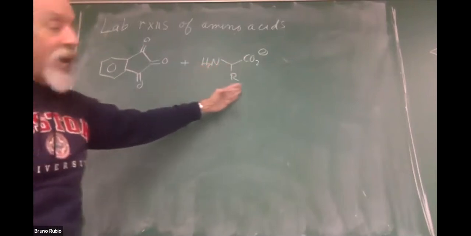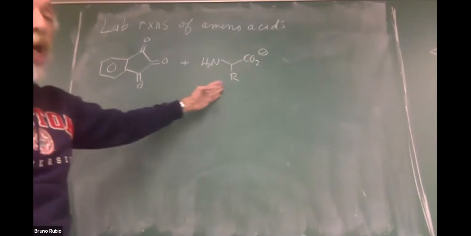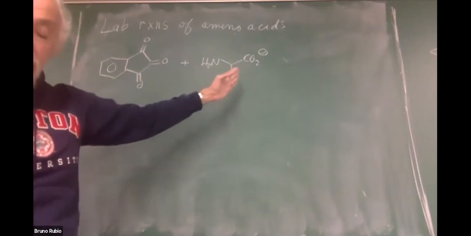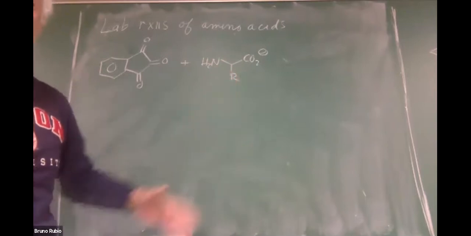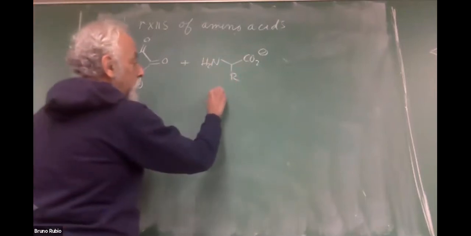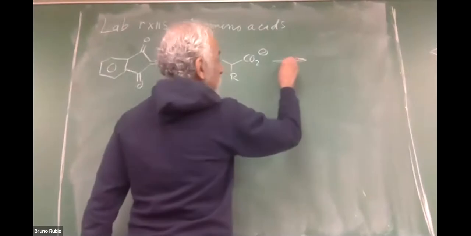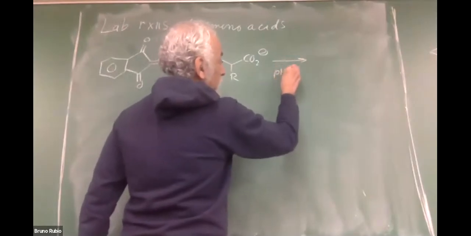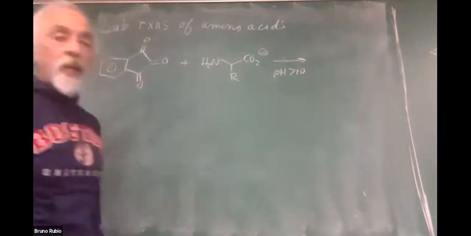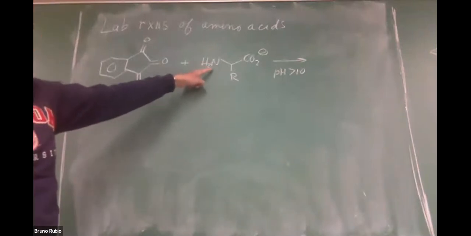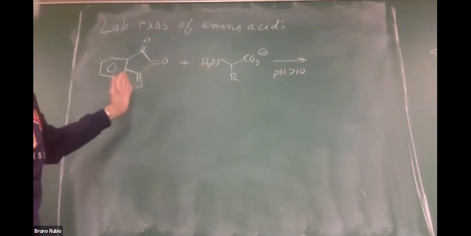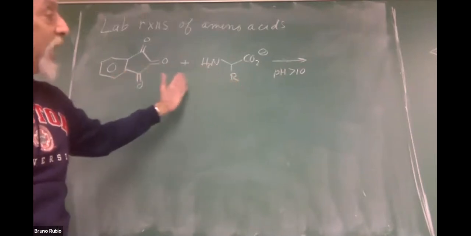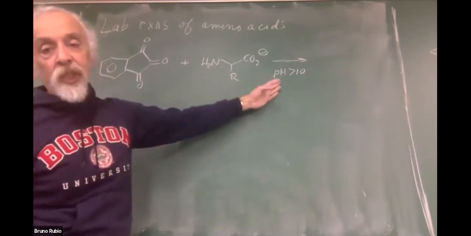So the amino acid doesn't look like this all the time. It only is going to look like this above pH 10, because the ammonium proton for most amino acids, look at that table, is around 10. So this is a reaction that can only happen above pH 10.